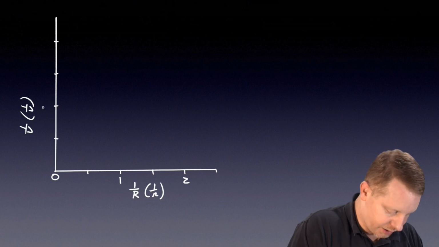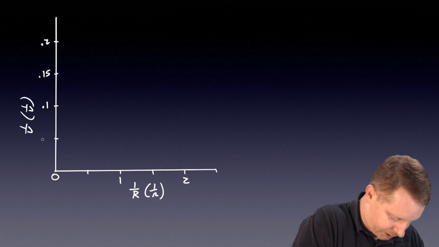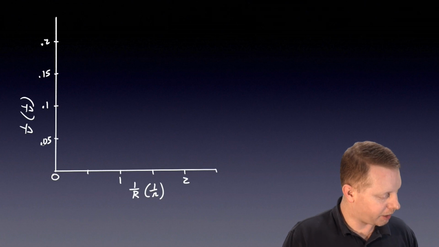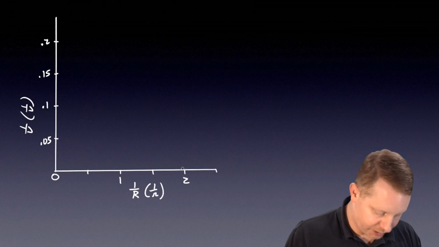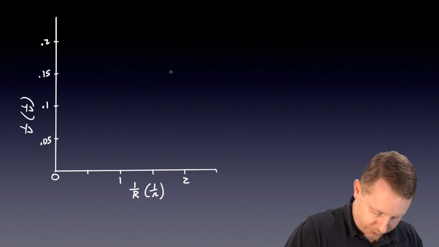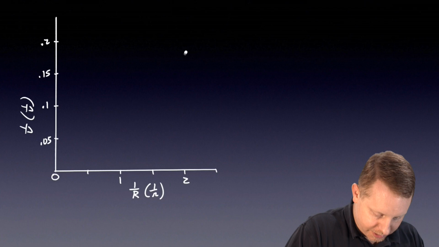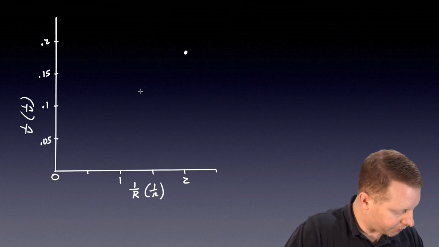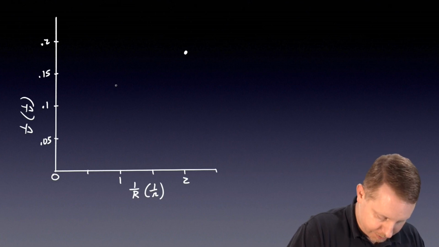We'll have that go at 0.05, 0.1, 0.15, 0.2, in 1 over volt increments. Then we just plot our data here. For a resistance of 2, we've got a potential of about 0.18. For 1 over R of 1, we've got 0.135.